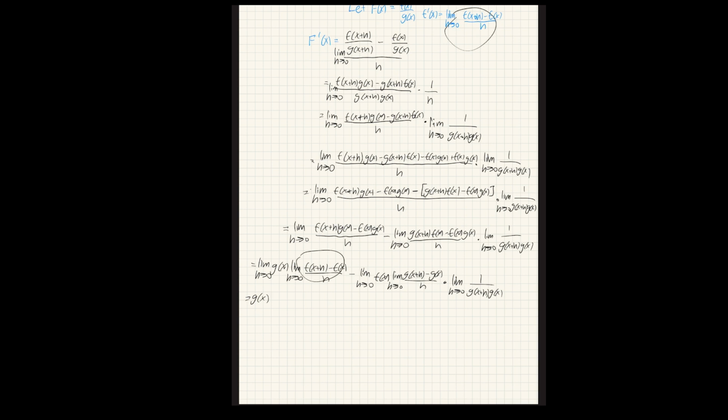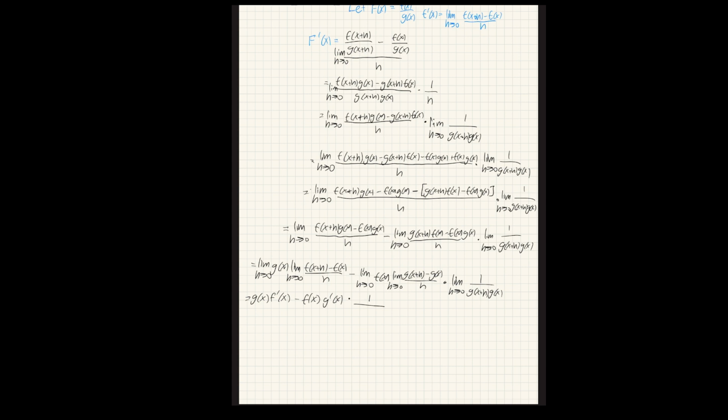And then this, we can recall, goes to this. So we just simply put f'(x) minus the limit of f(x), which has no h's, so automatically just becomes f(x), and then same for here. So it becomes g'(x) times 1 over, let's make sure we understand. So this 0 goes to here, so it becomes g(x+0) g(x). g(x) times g(x), which equals g(x) squared, which you guys will understand how that connects to the quotient rule, unless you already know it.